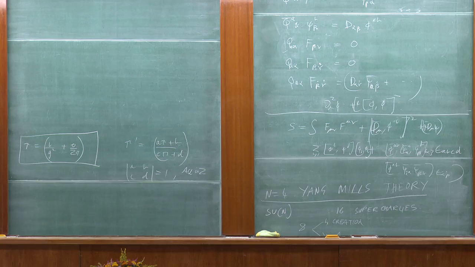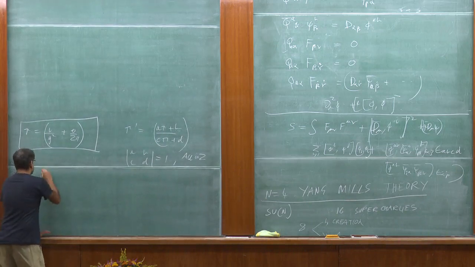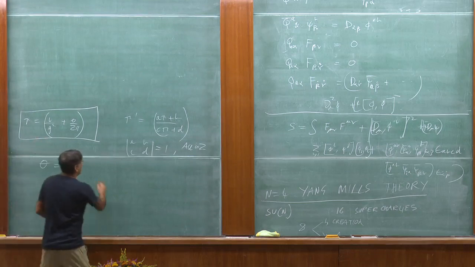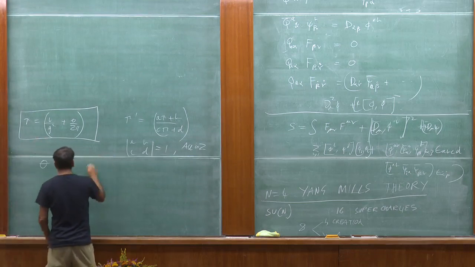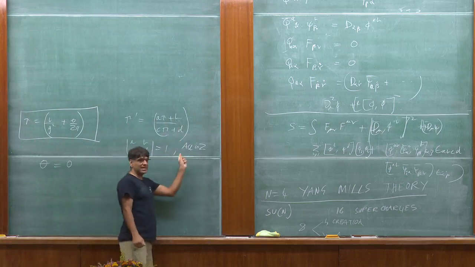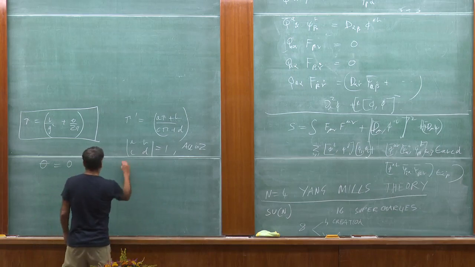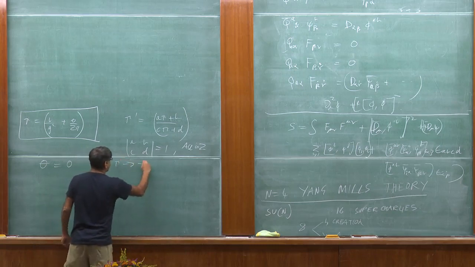Now, notice that if we look at theta equals 0, and we look at the part of SL(2,Z) that keeps theta equals 0, that basically is tau going to minus 1 by tau.